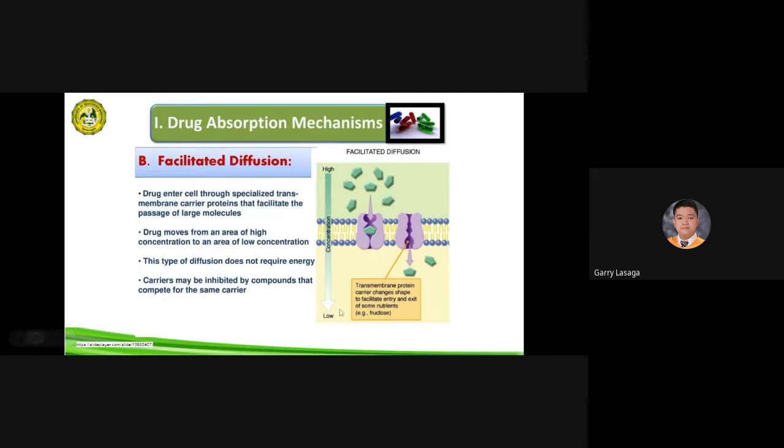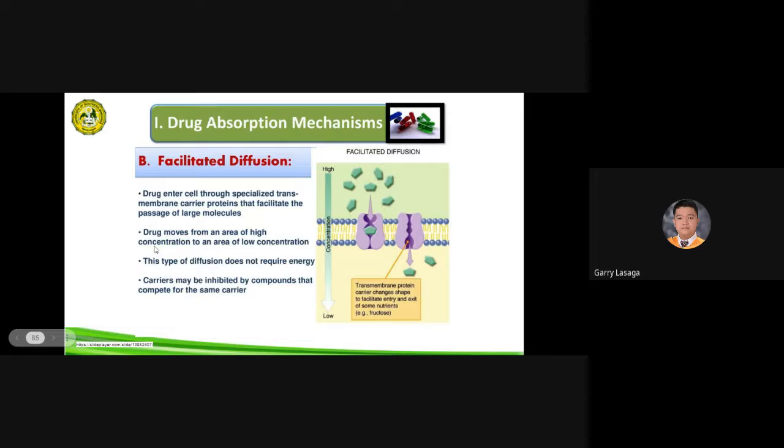So the second mechanism is facilitated diffusion. Facilitated diffusion is a mechanism whereby the drug enters the cell through specialized transmembrane carrier proteins that facilitate the passage of large molecules.